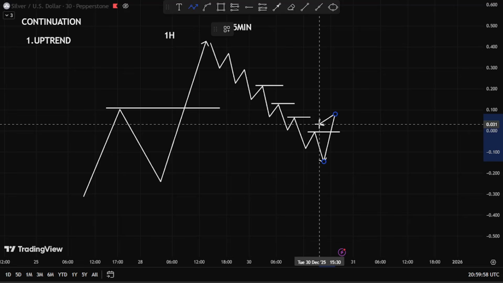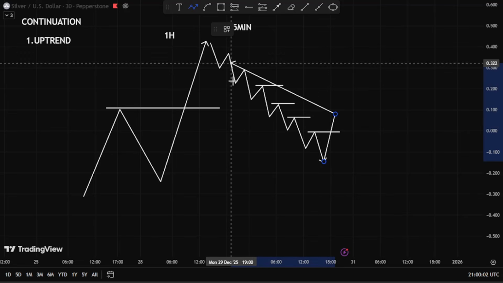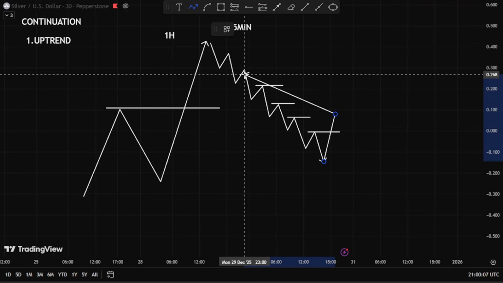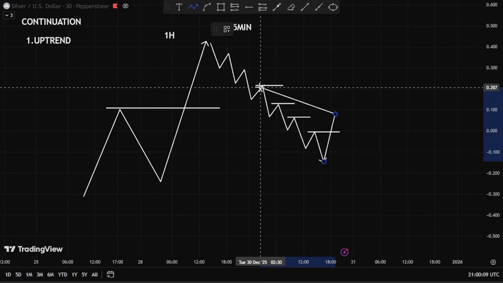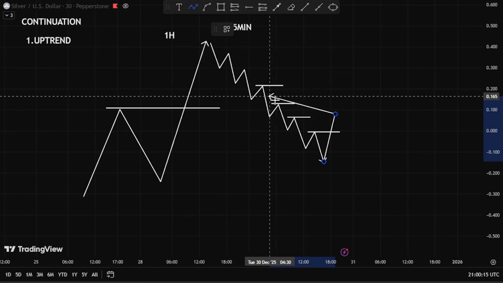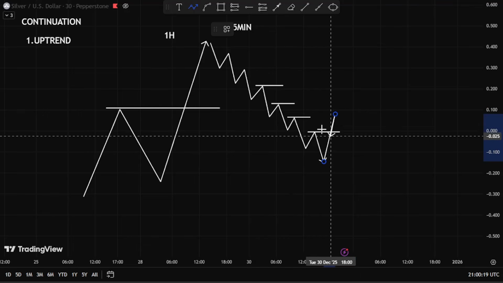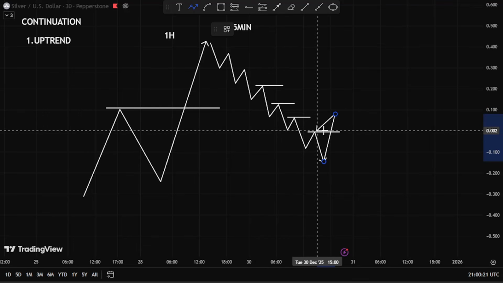So the continuation hasn't begun, but it might begin. When price is giving you lower highs and lower lows, what should you be doing? You should be marking support levels, because you are waiting for price to break it and give you an indication that the continuation might begin. So you are marking your swing highs, price is giving you support, you are also marking your support. Then price breaks this recent support that you've marked.